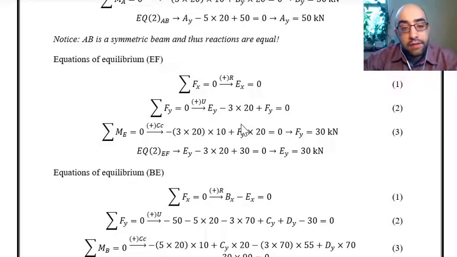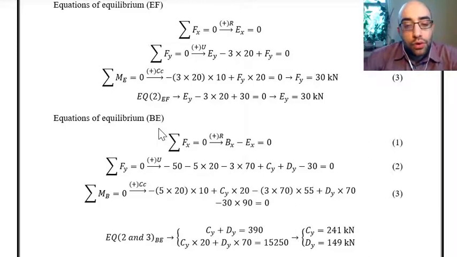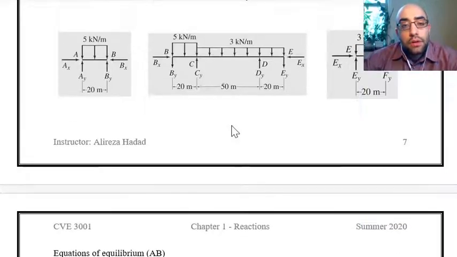Over here I have the situation of looking at section BE, and I'm going to write the same equations of equilibrium. So let's take a look at segment BE and write the equations of equilibrium for forces in x direction.